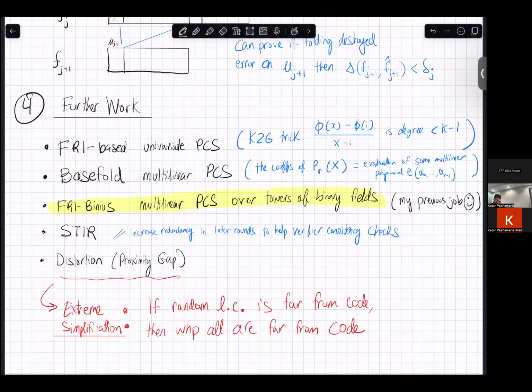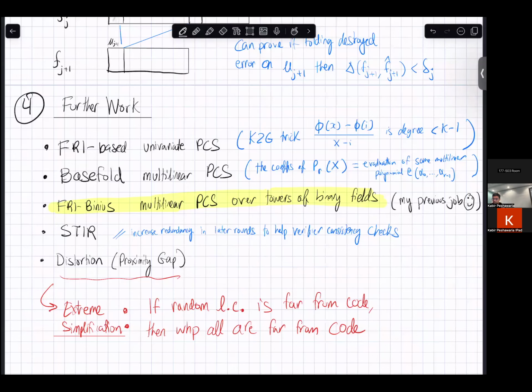Finally, there's two more things. There's this work called STIR by Chiesa and Giacomo and some other great people. The idea here is that at subsequent rounds, the prover is doing very little work, but the verifier is still doing a lot of work.